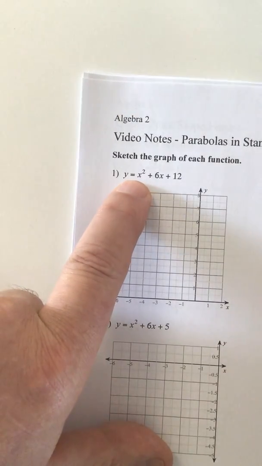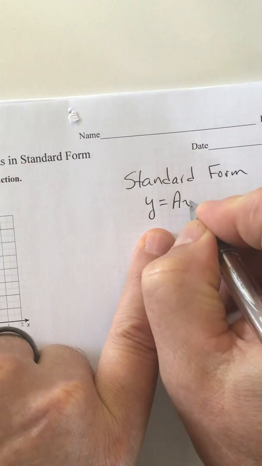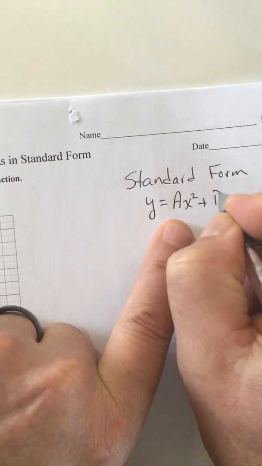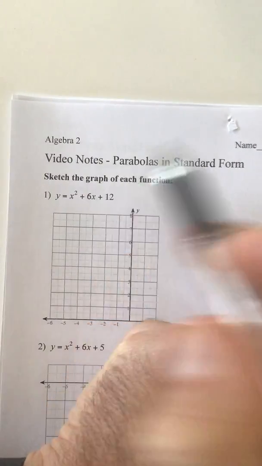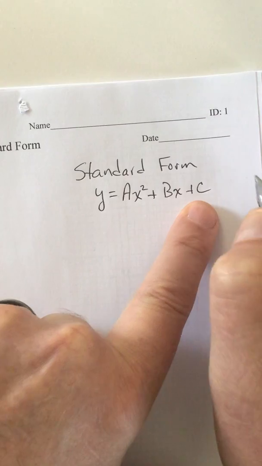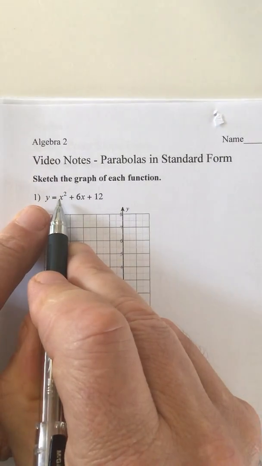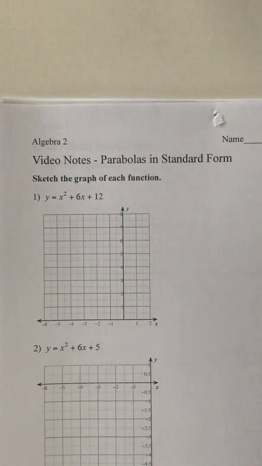So there's an implied 1 right there. So there's a number which is called a in general. So ax squared, where a is some number, plus bx, where b is some other number. In this case, b is 6, plus c is the constant. So in this case, the c is 12. So in this one, a is 1, b is 6, and c is 12.